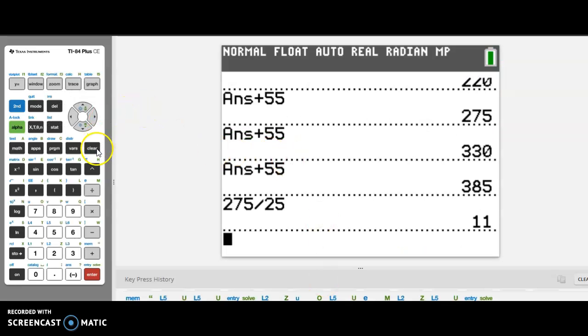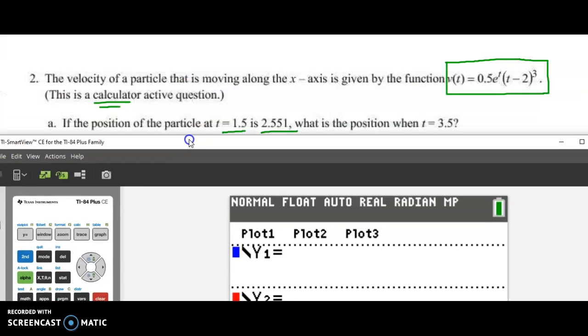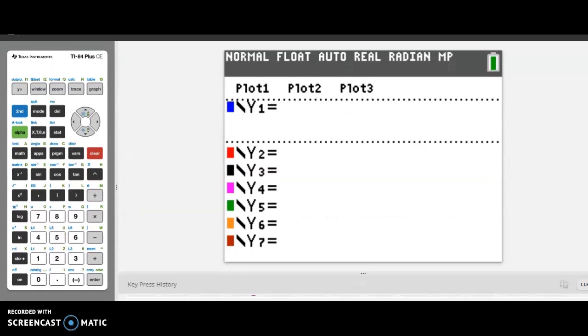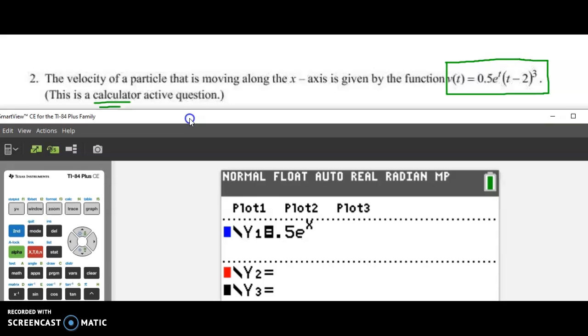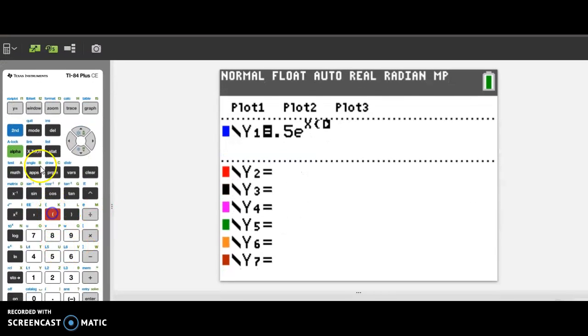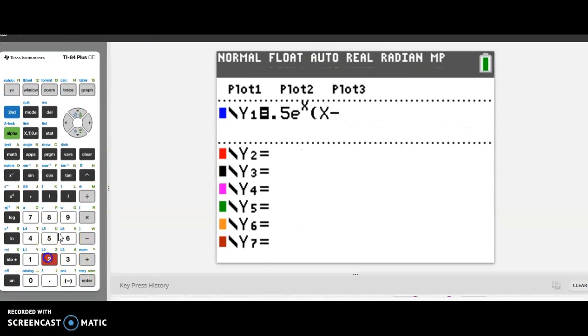So just pulling out my calculator, the y equals, you don't have to clear things out, but I would. And we're looking at 0.5 e to the t power. I'm using x here, which is fine. And then quantity, whoops, better fix that. X minus 2 cubed.